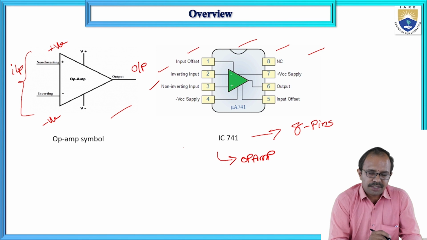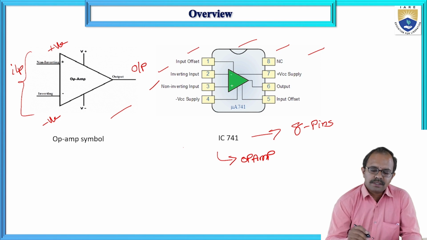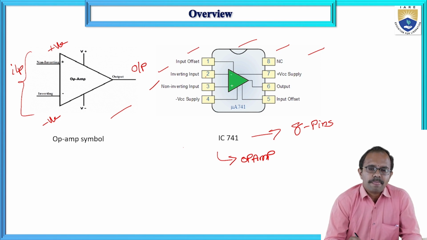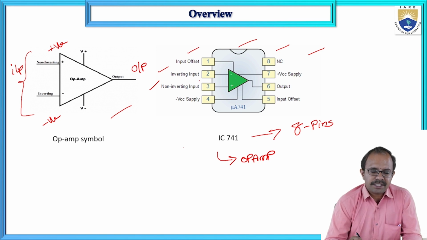In the pin configuration, where do you find these two input pins? Pin number 2 represents inverting input and pin number 3 represents non-inverting input. If you want to provide excitation to the inverting terminal, we need to connect the signal from source to pin number 2.